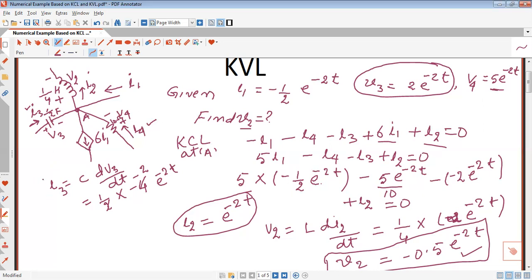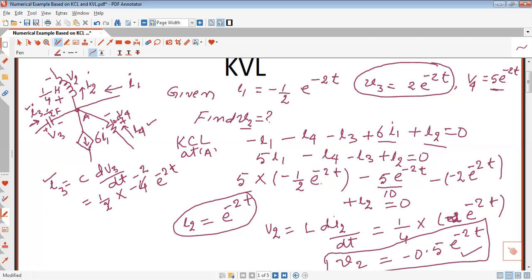And I3 is the current flowing in the capacitor. So we know that the current in the capacitor is given by I3 equal to C dV by dt. C is given as 1 by 2 and we differentiate V3 with respect to time, and V3 is given here, 2 e to the power minus 2t. So after differentiation with respect to time, we get minus 4 e to the power minus 2t.